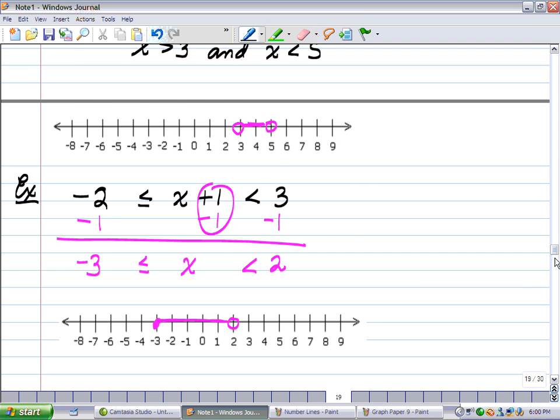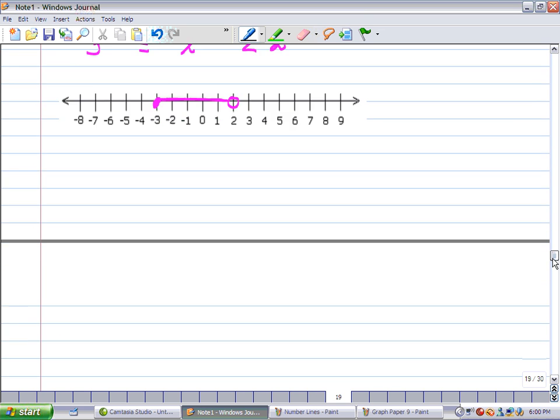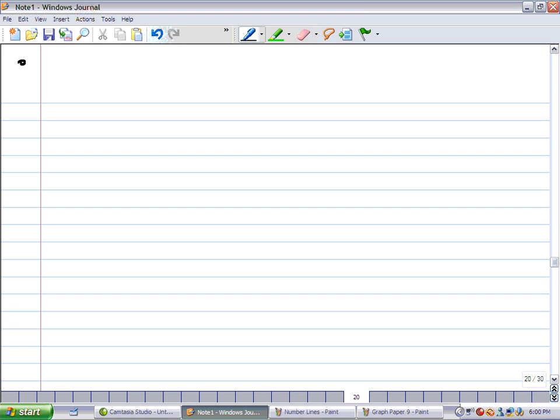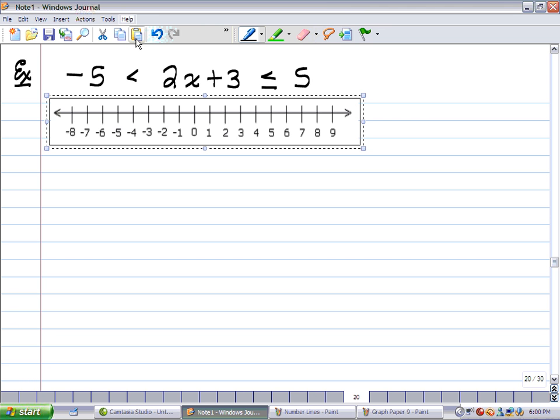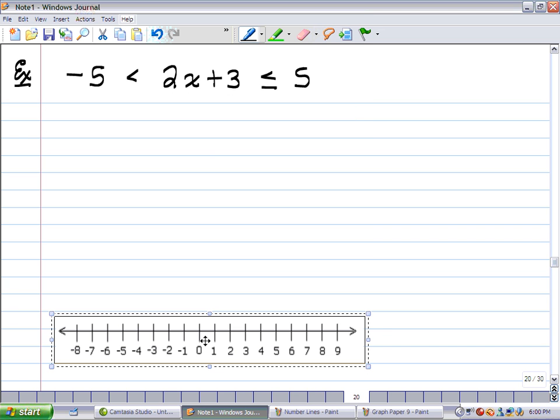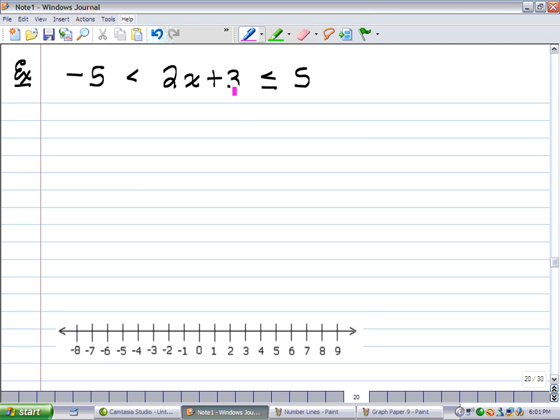Okay. Maybe give you one more and let you try it. And then we have one last type to look at. -5 less than 2x plus 3 less than or equal to 5. Okay.